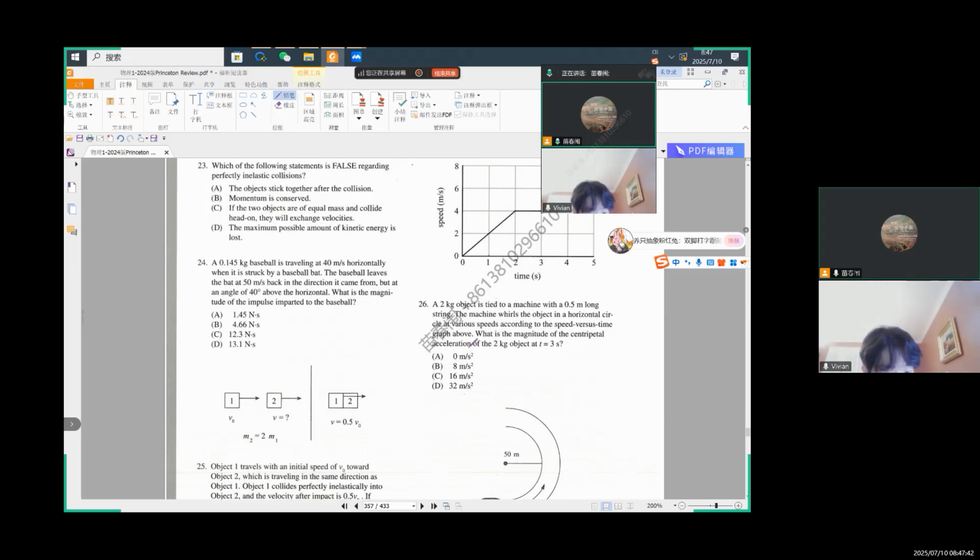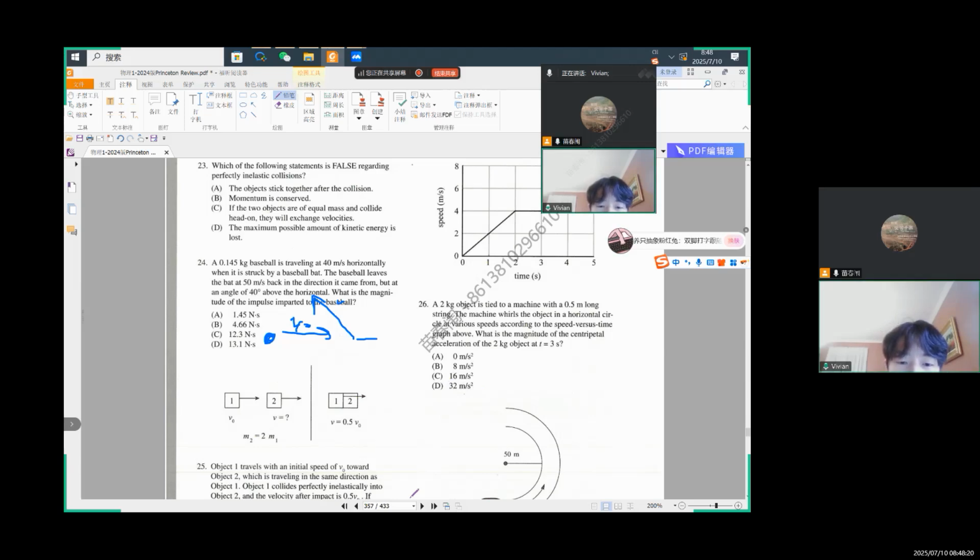Can you draw the picture of the phenomenon? There must be an x direction and a y direction, right? There's an angle. 50 meters per second back in the direction it came from.